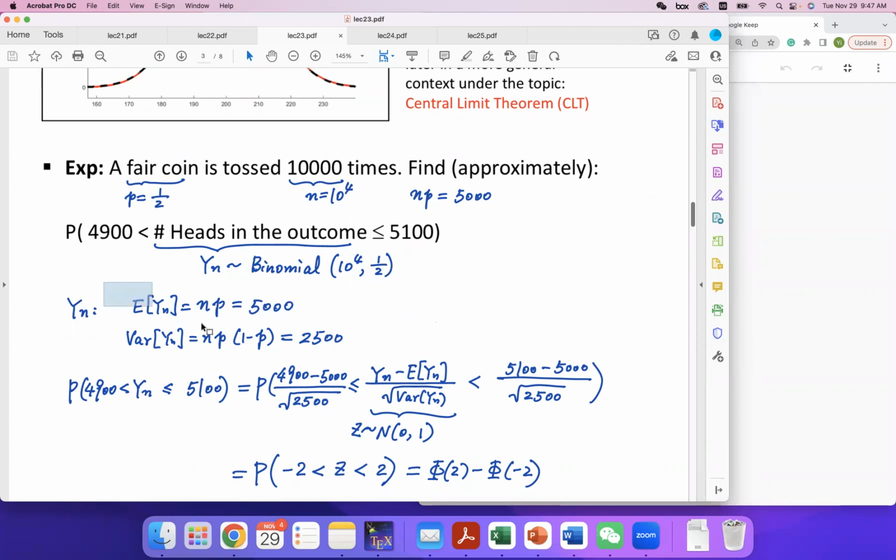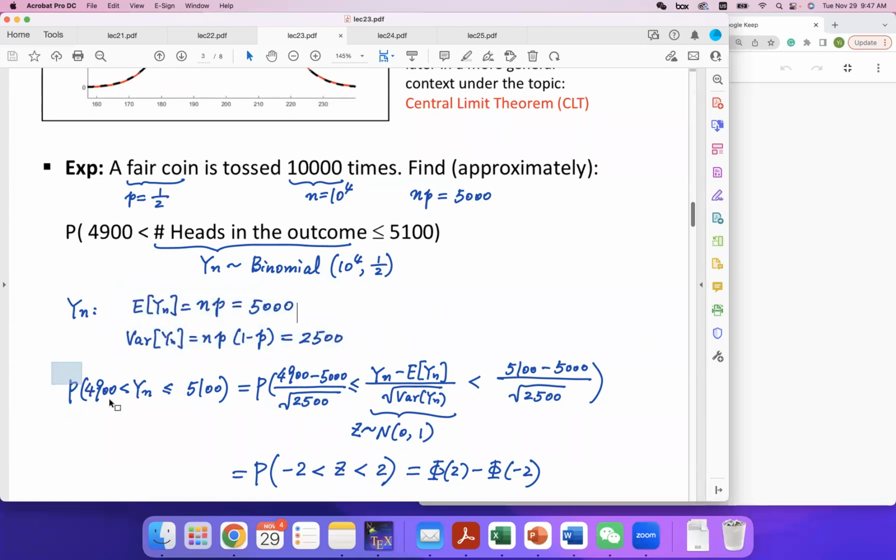Okay. Now, given these two statistics, and given the fact that np is far bigger than 1, we can approximate Yn using a Gaussian distribution that has mean 5,000 and variance 2,500.